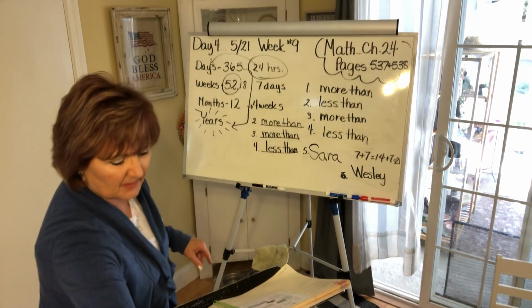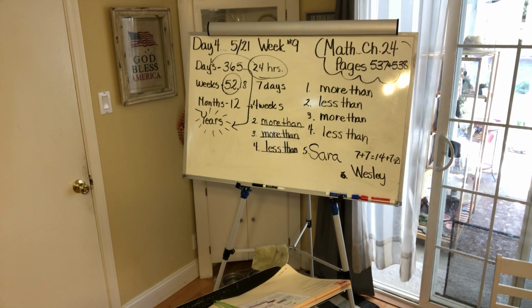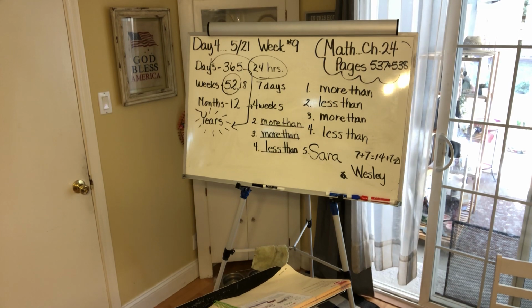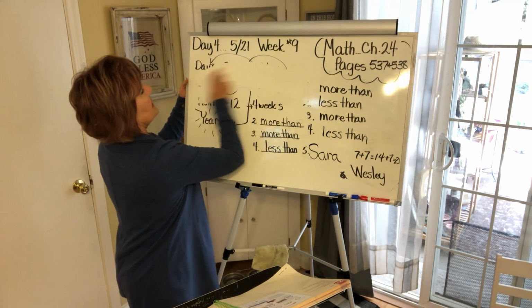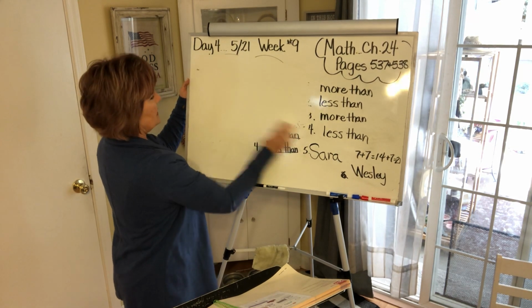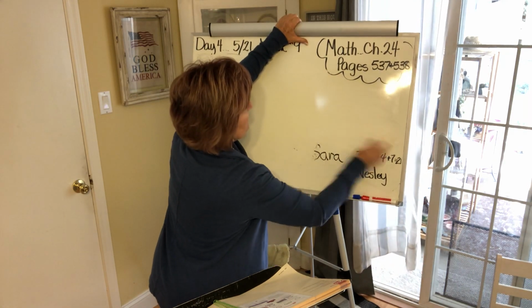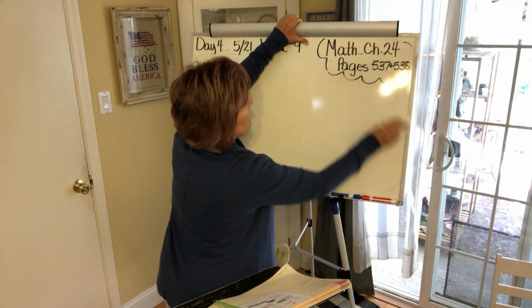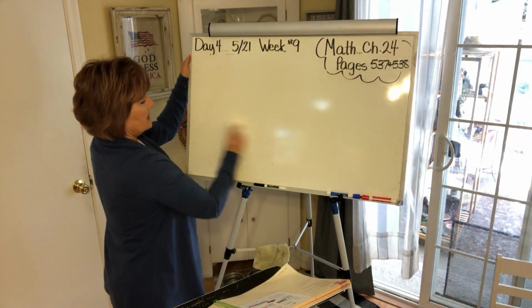I've got to get something to wipe that. So go ahead and turn to page 539. It's just the very next page after what we were on, 539. And then tomorrow you will turn on the math video after you have completed the chapter test.